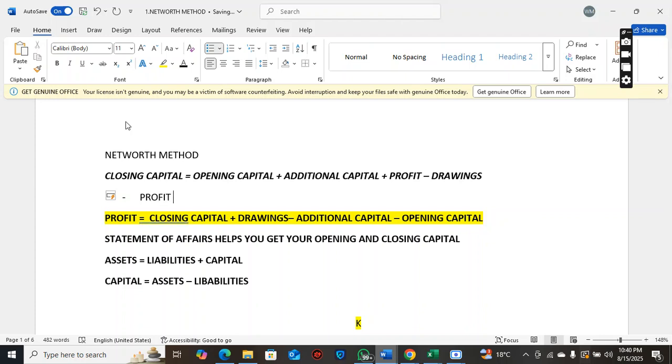Negative profit equals opening capital plus additional capital minus drawings minus closing capital.